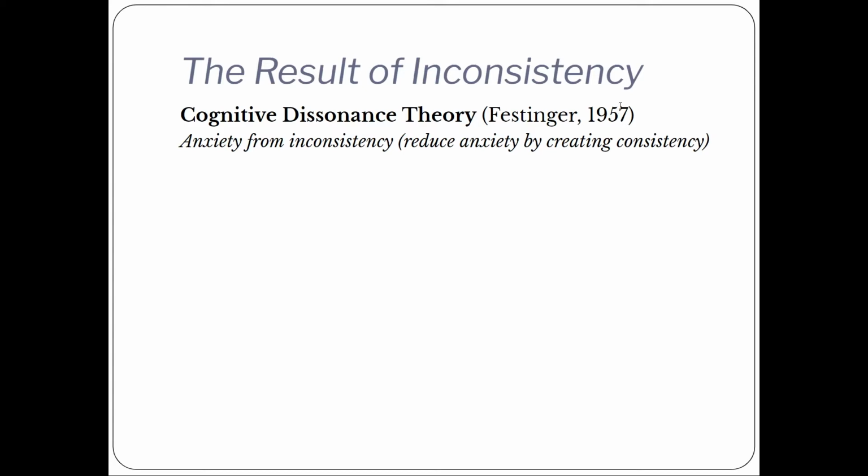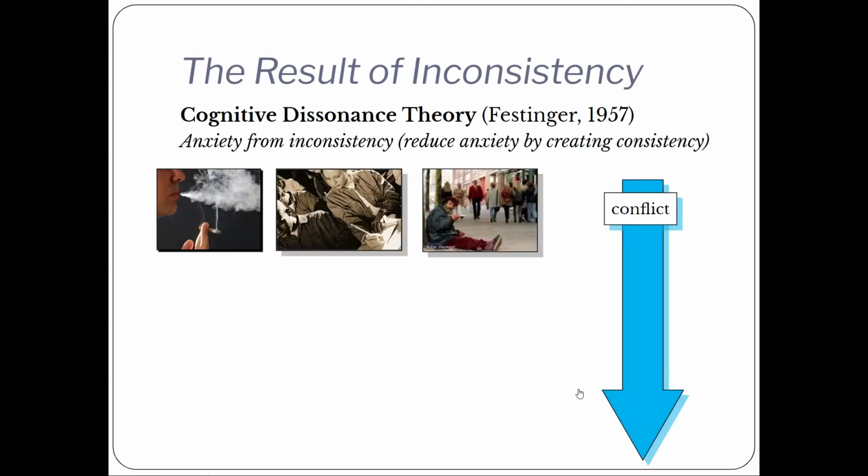In other words, when there's inconsistency among attitudes, values, morals, or behavior, we're motivated to resolve this inconsistency to achieve consistency. This whole process can be described by a model with 3 steps.